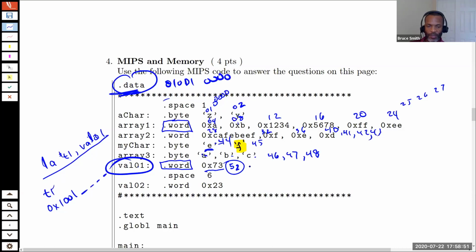Since this starts at 52 and uses 53, 54, and 55, with this made up problem that I'm doing now, which is not the original, then this one here goes 6 spaces of zeros, and those are at 56, 57, and so 1, 2, 3, 4, 5, 6.